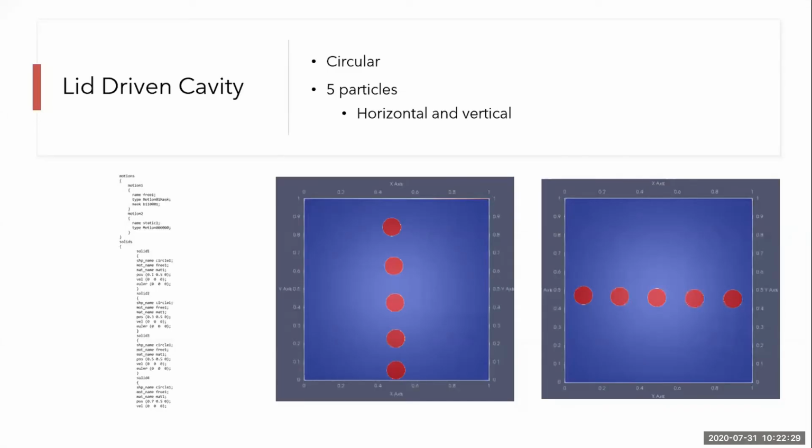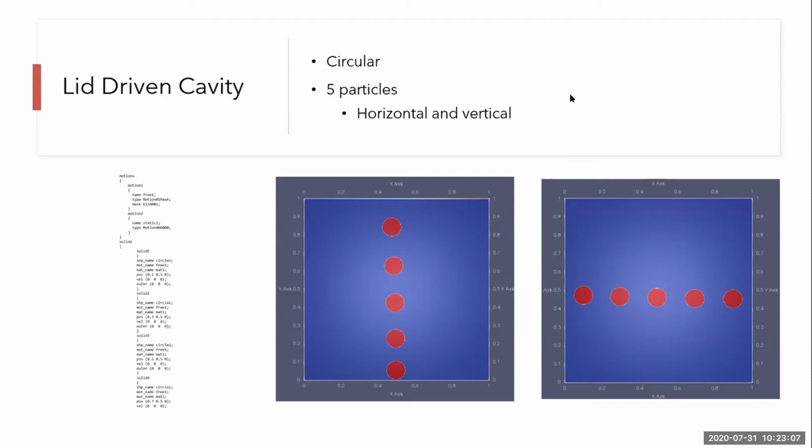So this is what I was working on: lid-driven cavity. To give a brief introduction, lid-driven cavity is a classical fluid dynamics problem for incompressible viscous flow. The motive behind the lid-driven cavity simulation is to solve the steady and unsteady solutions and find the velocity and pressure distribution inside the cavity. In my case, I was working on a basic lid-driven cavity problem.